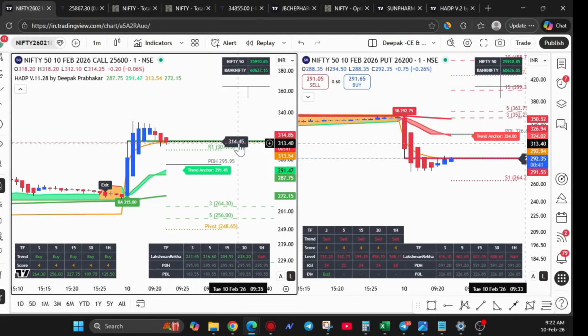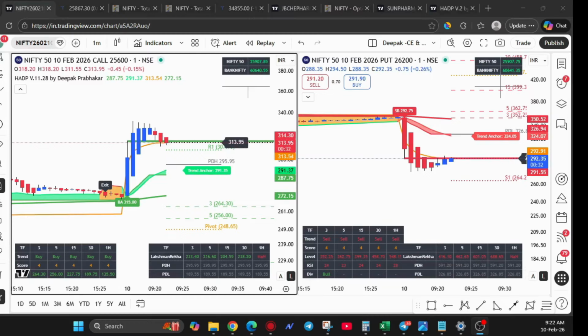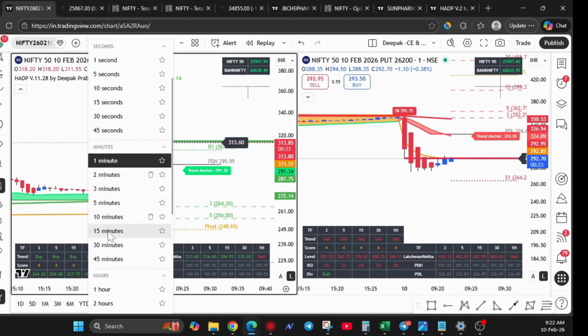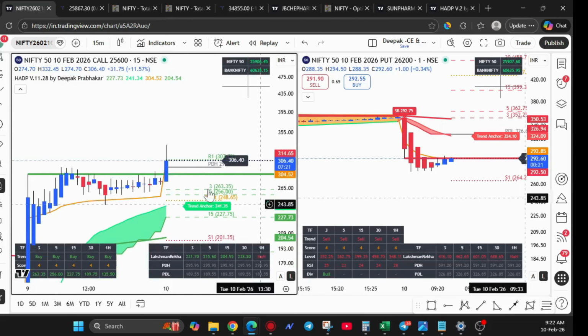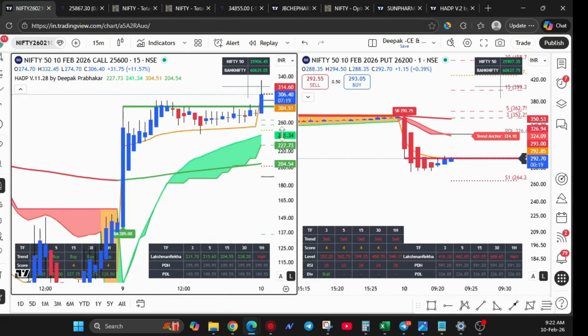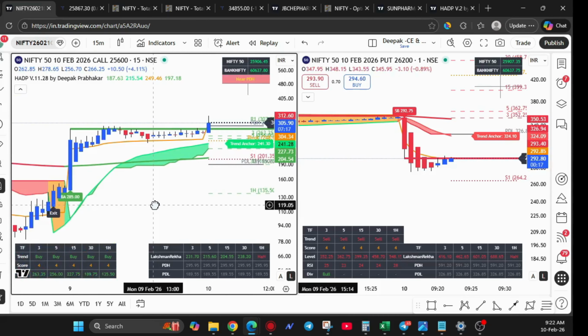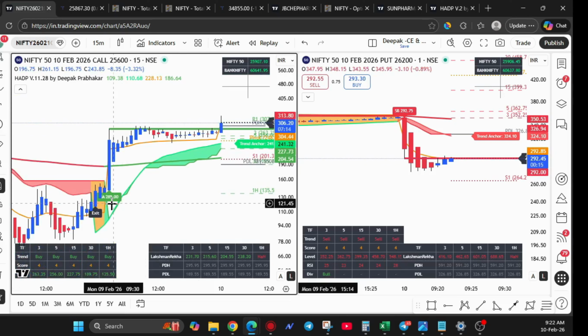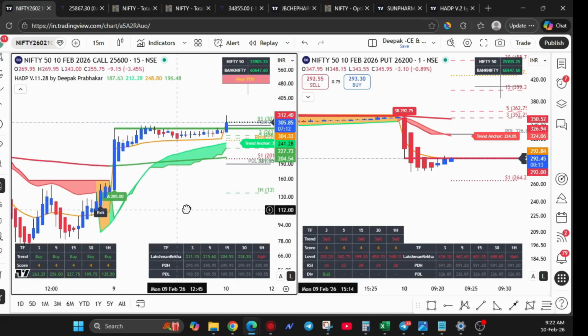The higher the time frame, the higher the money you can expect. Okay. Because higher time frames actually will roll over the positions for the next day also. For example, if I change this to 15 minutes, you would have got a buy around 285.